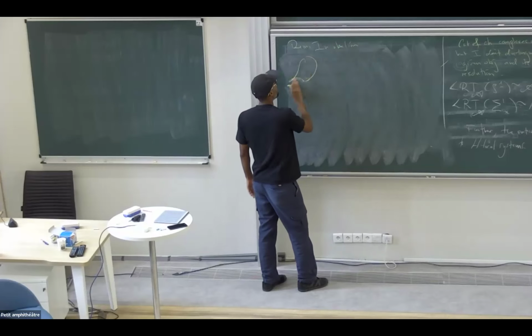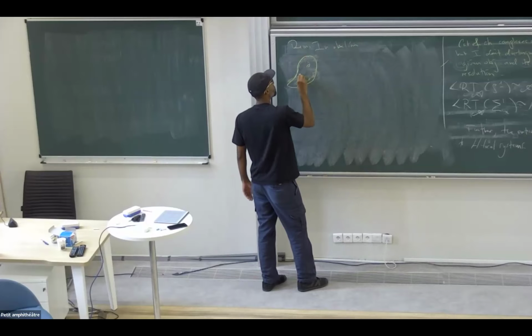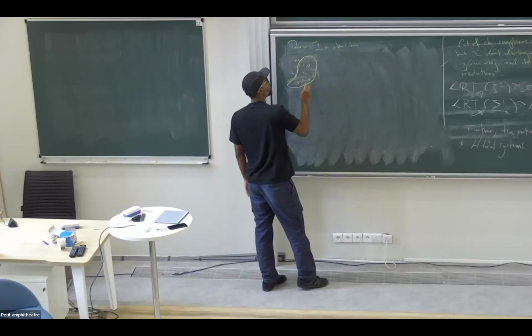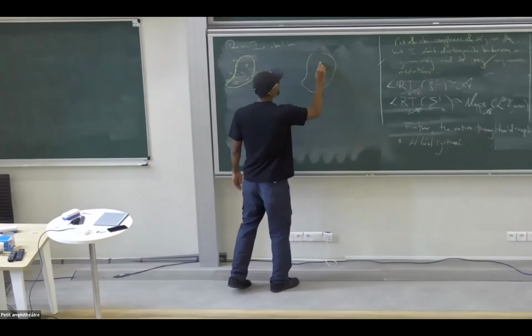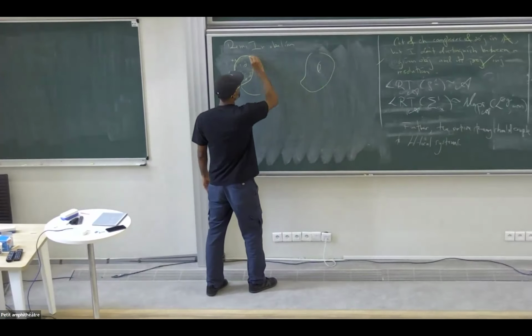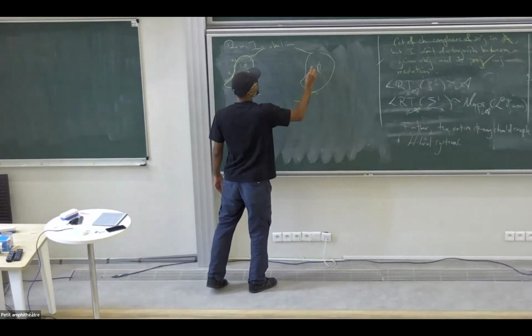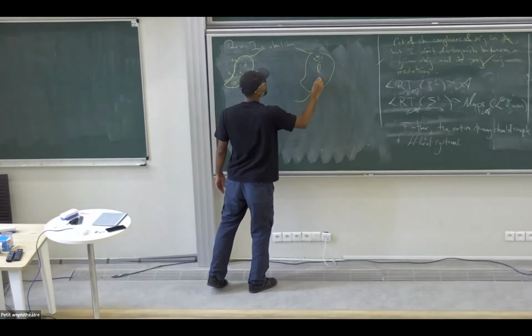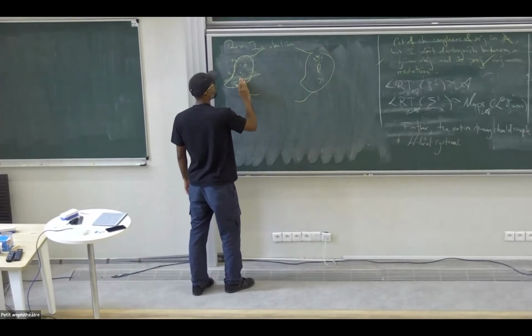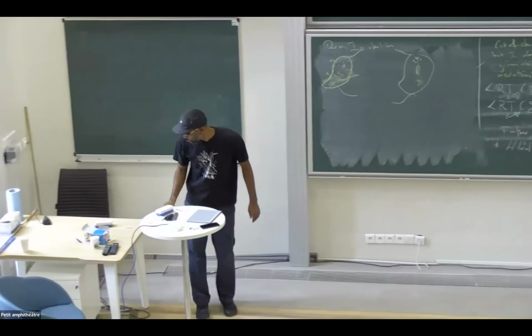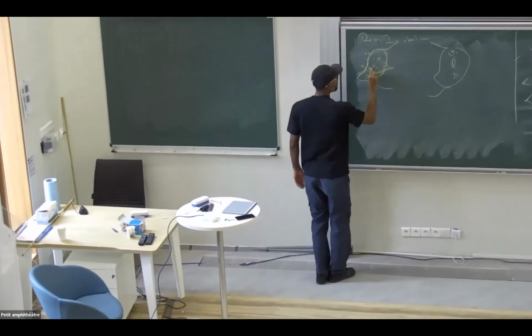I would have points with labels by objects in my category, and I'd have some bordism between these, let's say y1, y2. And what I would have in the middle are some graphs.